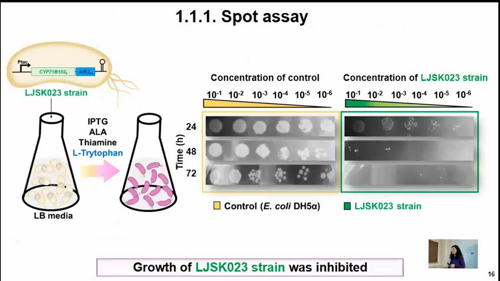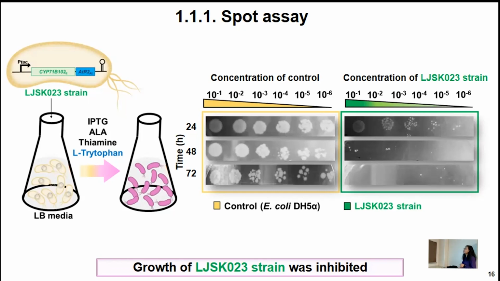Then, when we were culturing the engineered strain, we also performed spot testing. For this, what we did was we just evaluated the cells at different time points, diluted and did a spot testing.